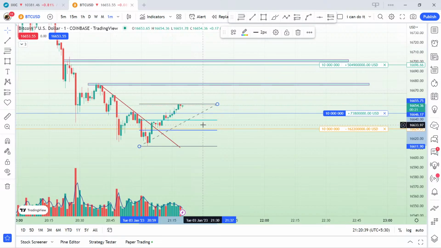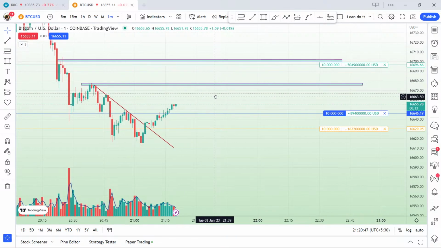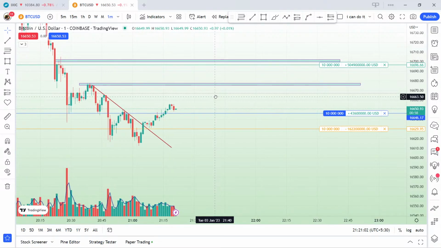This lime blue line should go above this, then I'll have confidence to trail my stop loss. Or if you don't use Fibonacci levels, you can just use 1 is to 1.